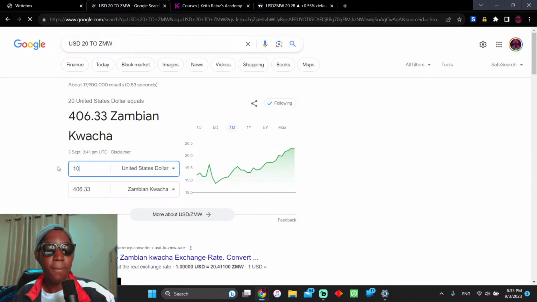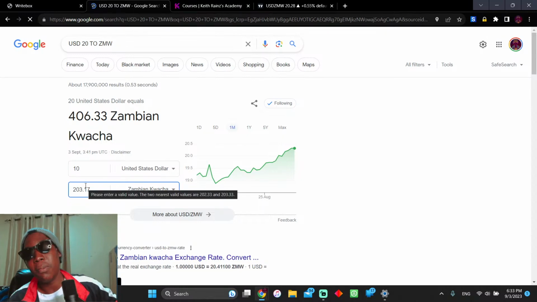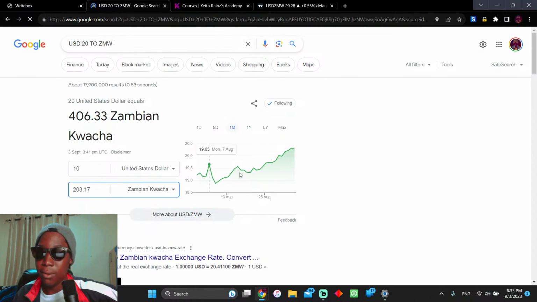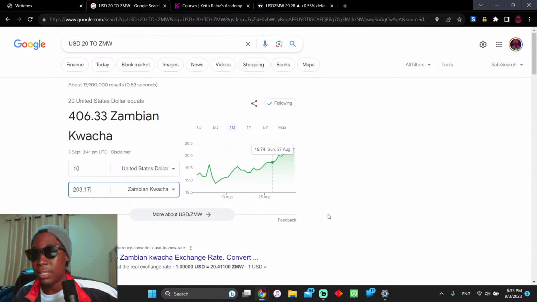Then $10 should be like 203, because a few months ago $10 was actually like 180 kwacha. So if I'm making money in dollars and withdraw, converting to kwacha, it's actually going to be a lot. But even though we may have a lot of money in kwacha, things are still expensive, so it won't make a difference.